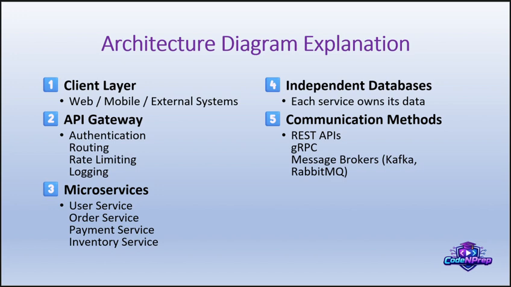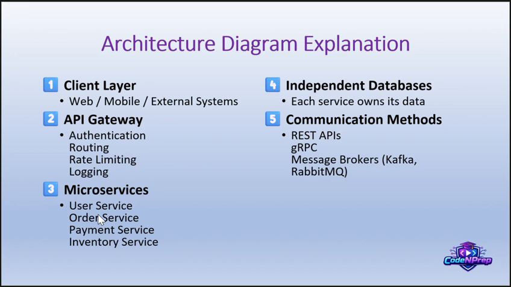Now, here we can see the detailed explanation of the architecture diagram. First is the client layer. The client sends the request. Then the API gateway, which is the second point here. The API gateway receives it and performs authentication, routing, rate limiting, logging, etc. Then it forwards the request to the correct service. The API gateway decides which service to call, and it sends that request to the appropriate microservice.